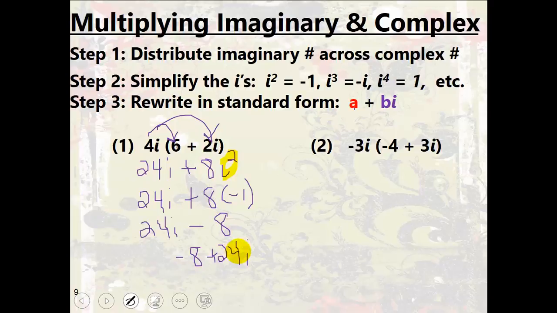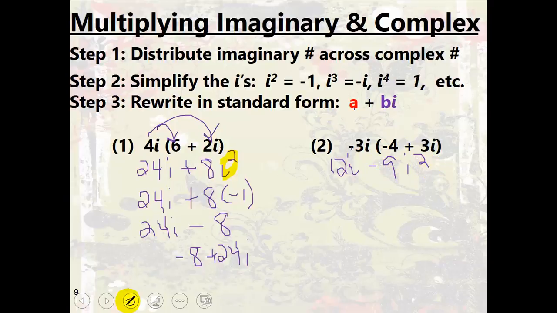Okay. Now I want you to try number 2, answer the video question and see how you do. All right, let's do it together. -3 times -4 is 12, and then i, and then minus 9i squared.